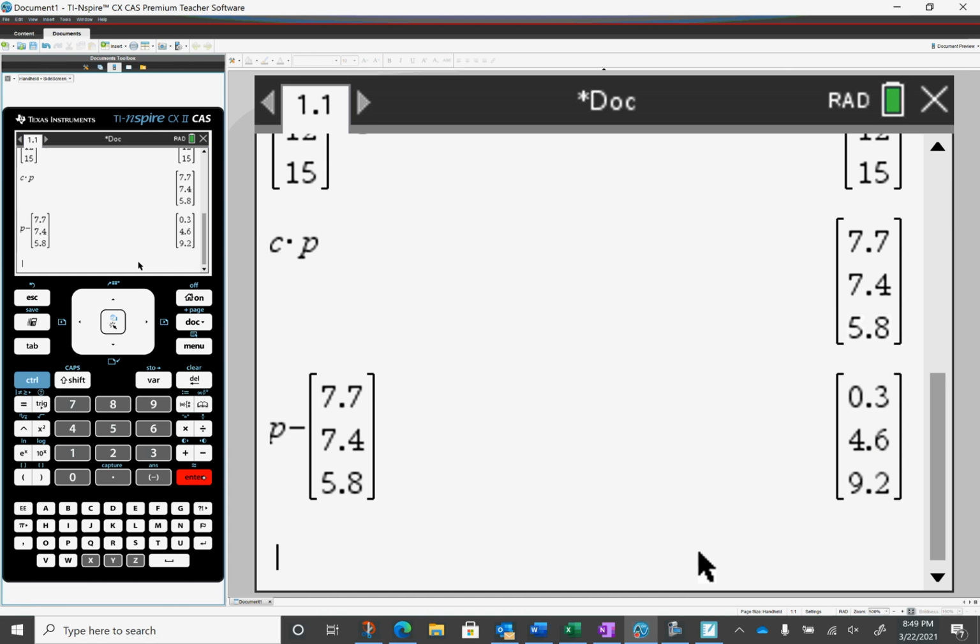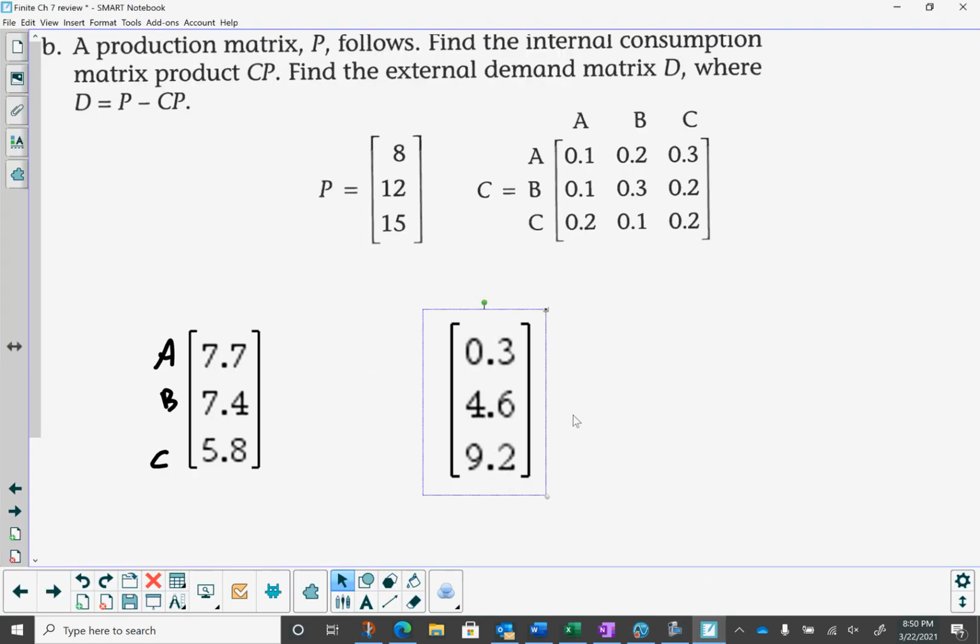Here's our demand matrix. So again, this is matrix D. Again, this is for A, B, and C, whatever sectors those are of the economy.